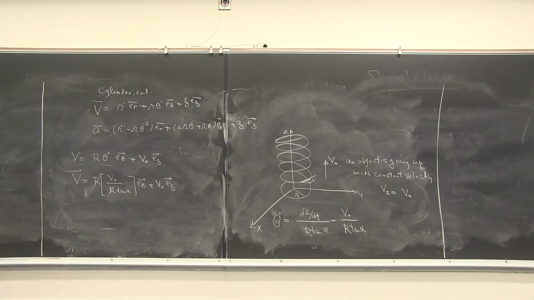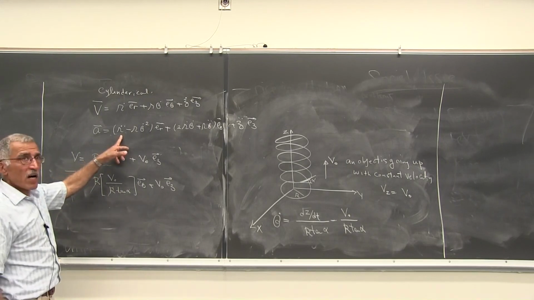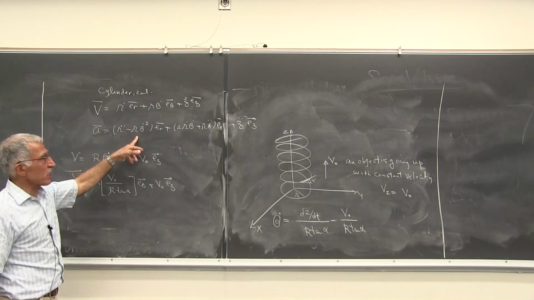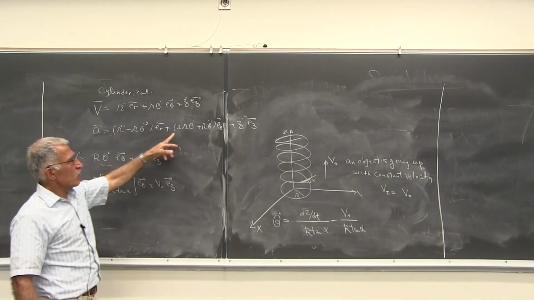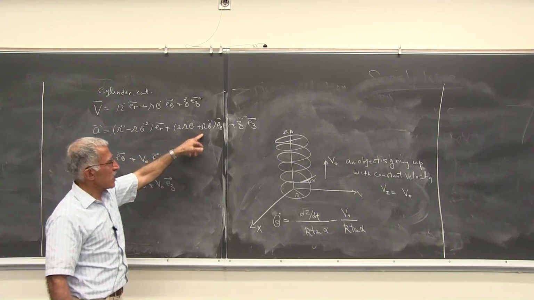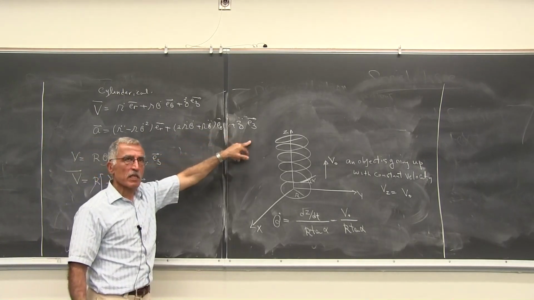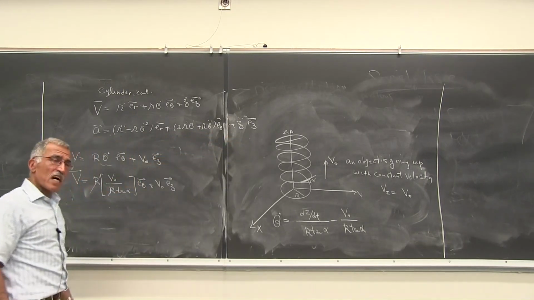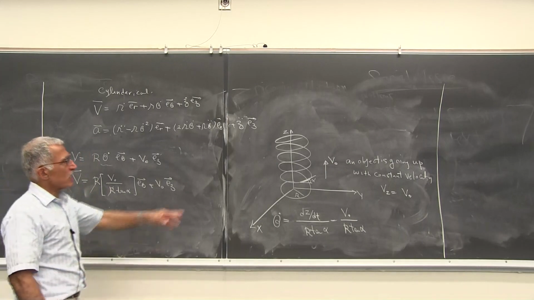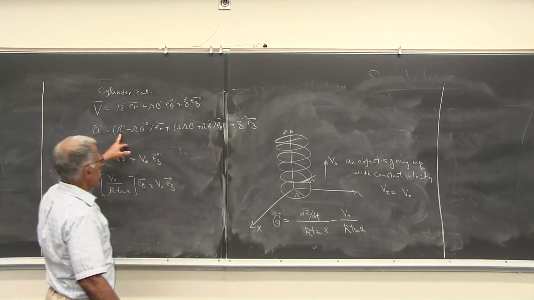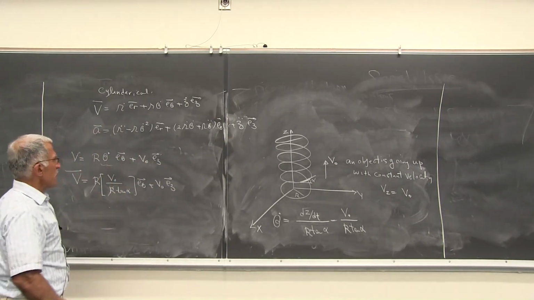If I want my acceleration, again, I have r double dot minus r theta dot squared e_r, plus 2 r dot theta dot plus r theta double dot e_theta, plus z double dot e_z. Well, it is going with a constant velocity in z direction, so I do not have z double dot. My r is constant, I don't have any problem.